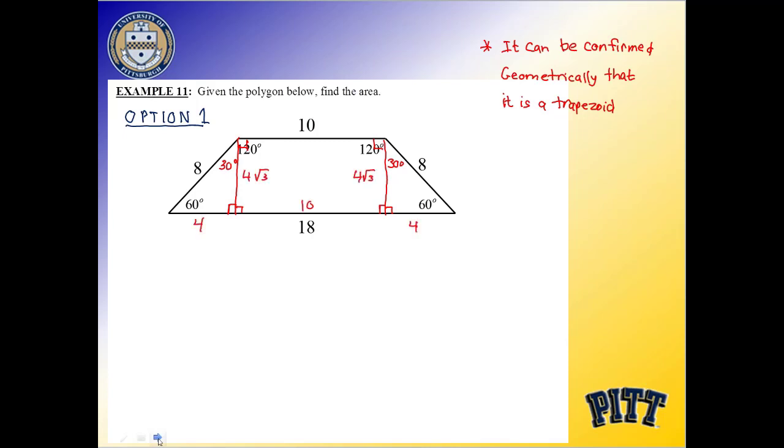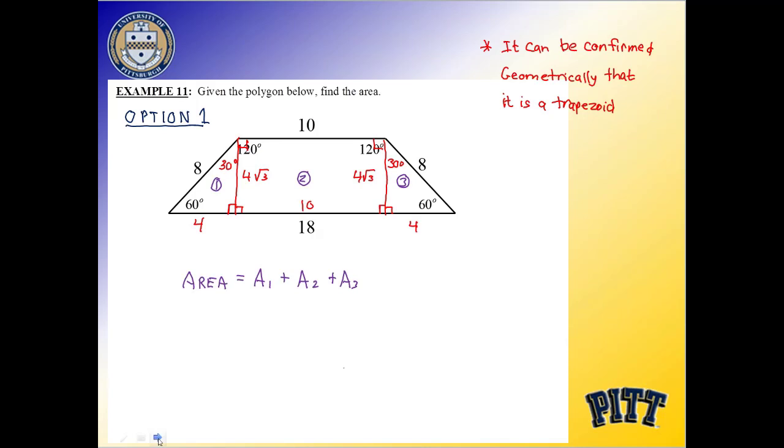These are the measurements of the sides that I impose, or like how this 18 gets split up on the bottom. And what I could do is find the area of the two triangles, find the area of the rectangle in the middle, and add them together.